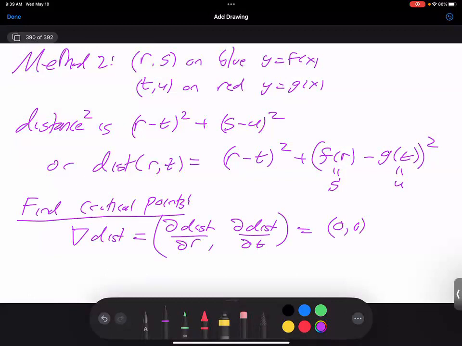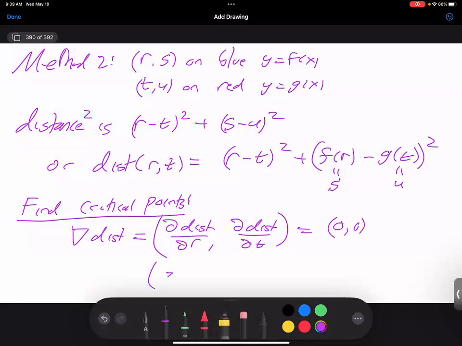And now I just have to solve that. Depending on what f and g are, this is potentially either easy or hard. So now I want to take the derivative with respect to r. The derivative with respect to r would be 2 times r minus t plus 2 times f of r minus g of t times f prime of r.